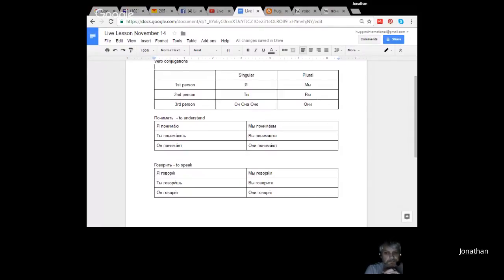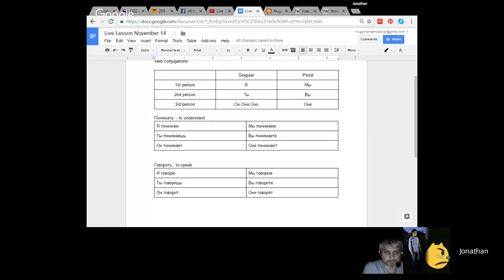Okay. So we're now going to look at these conjugations here. In this first group, понимать, you can notice that the infinitive ends with the T and then the мягкий знак, the soft sign.